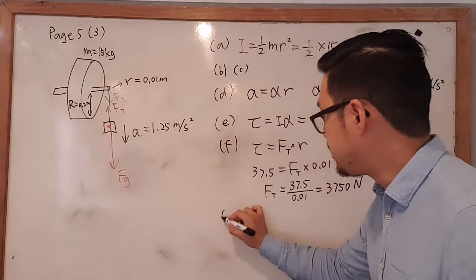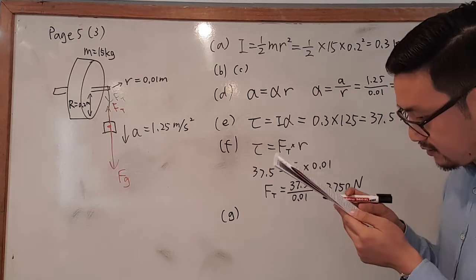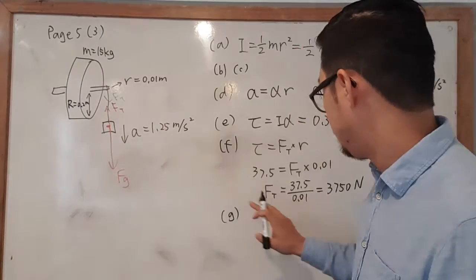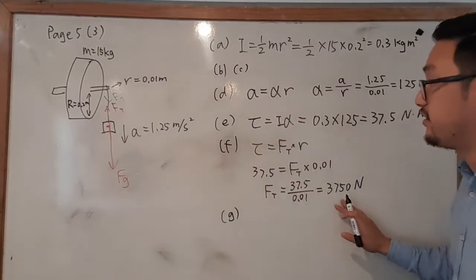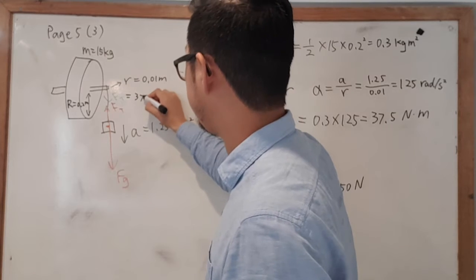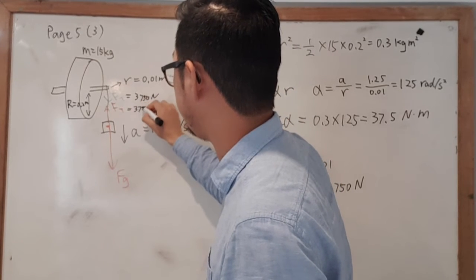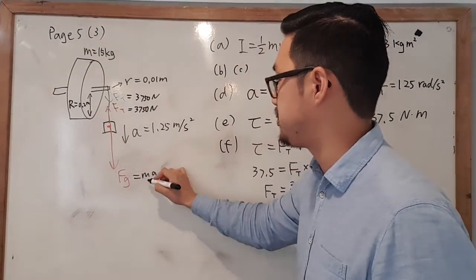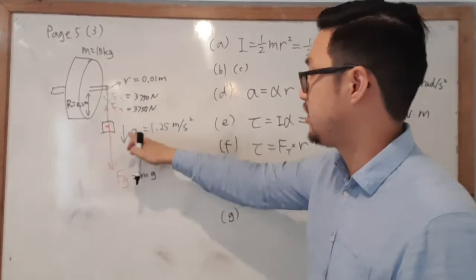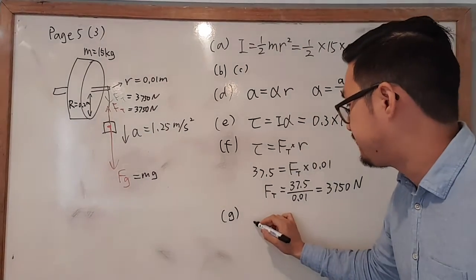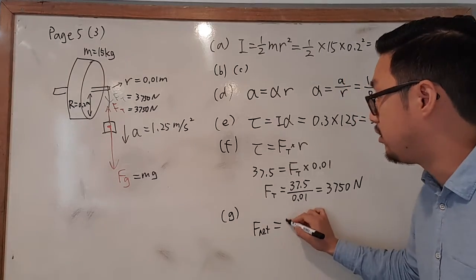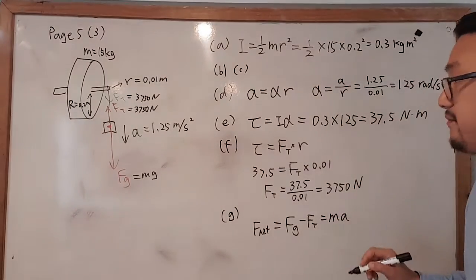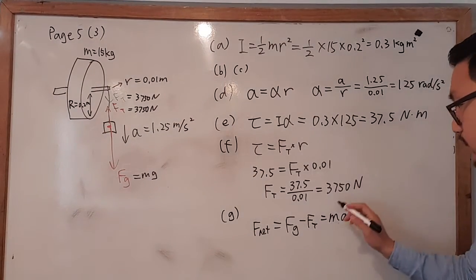Now question G is to calculate the mass of the load. There is a tension force going up, which equals 3750 Newton. If we want to know the mass, we can use gravity, which equals mg, and do a force analysis on this object. The net force equals the gravity force minus the tension force, and that equals mass times acceleration. Then we put the numbers in.